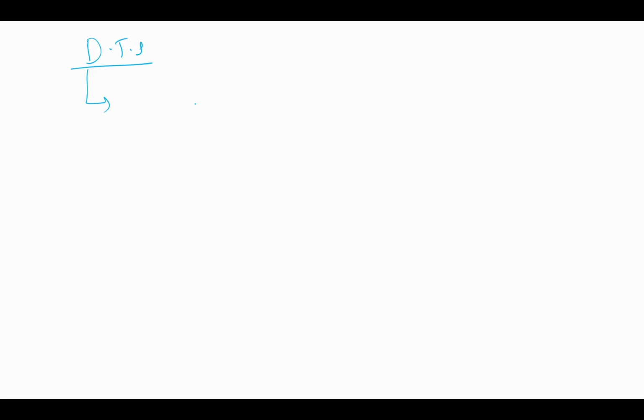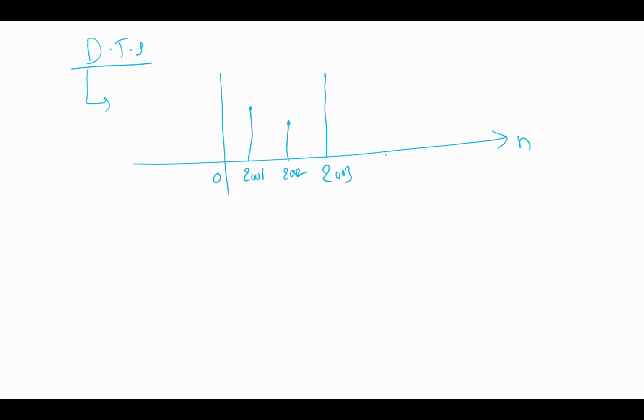For example, let us take the yearly rainfall in India. This is 2001, this is 2002, 2003, and let us go for 2004.